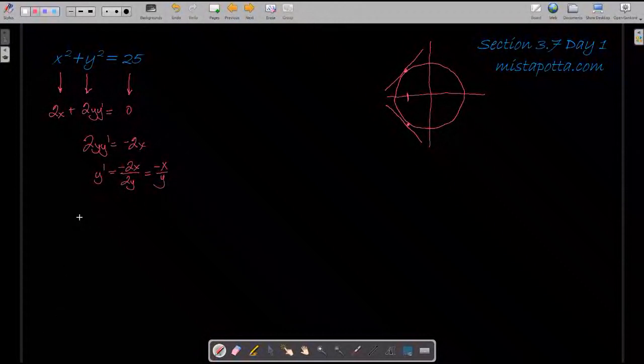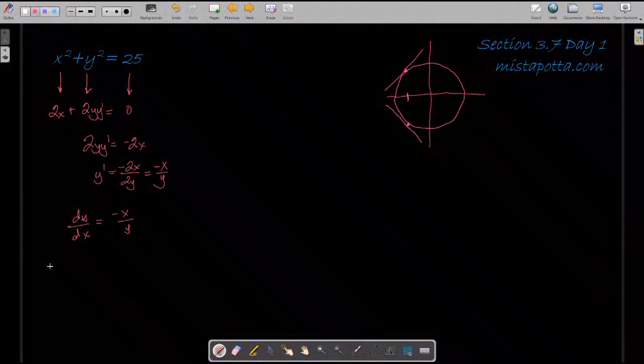And so what I've got here is that the derivative at a particular point depends on the ratio of the opposite of the x-coordinate and the y-coordinate.